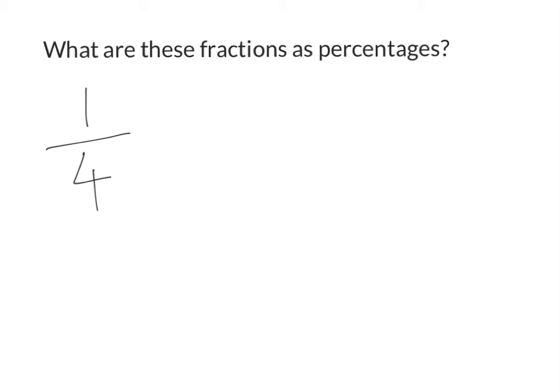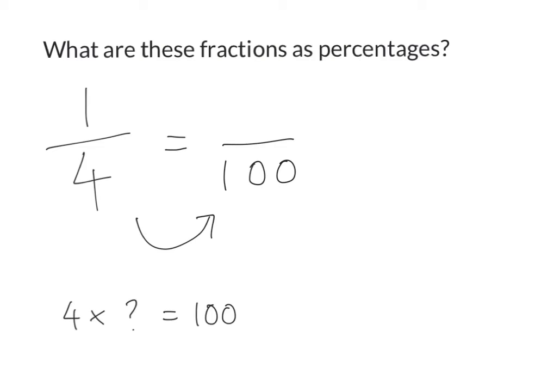A lot of times you're going to end up with a fraction that has a denominator that's smaller than 100. So here I've got a quarter and 4 is smaller than 100. So if I'm going to make this an equivalent fraction, I'm not dividing this time, I'm going to have to multiply. And now 4 goes into 100 25 times, so I'm going to multiply that by 25.